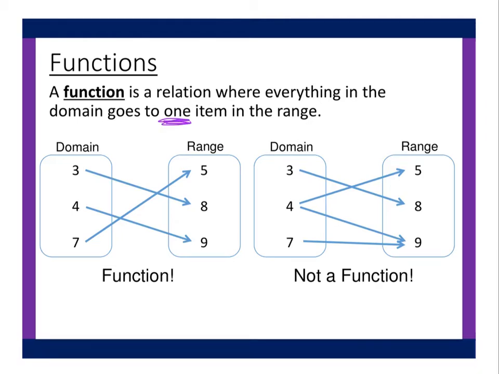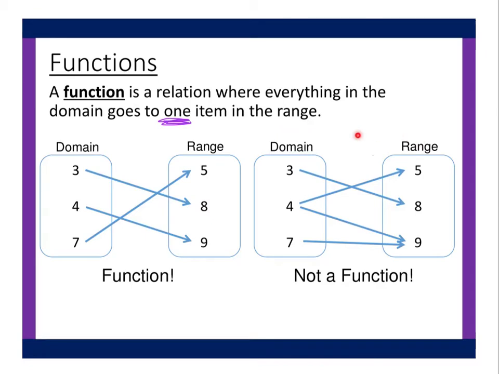So if you look at the two examples we have here, we have this example to start off with. Each of these things in the domain goes to exactly one thing in the range, signified by the arrows here. So we would say that this is a function because each thing in the domain goes to exactly one thing in the range.